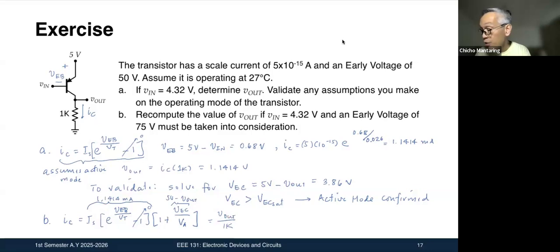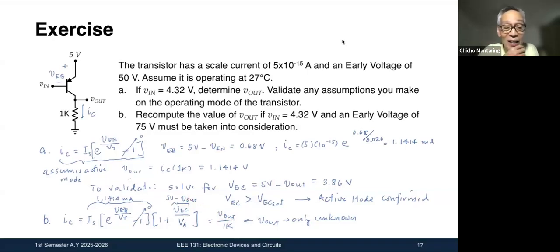V out is your only unknown, and this is not a nonlinear equation. You know this value, 1.414. This is linear. So you should be able to solve for V out directly.